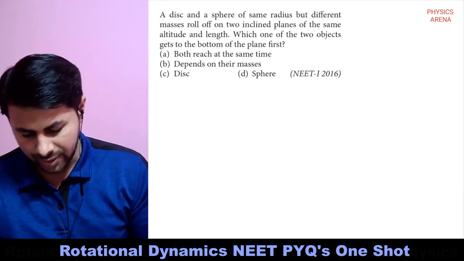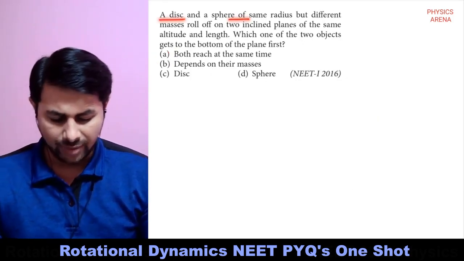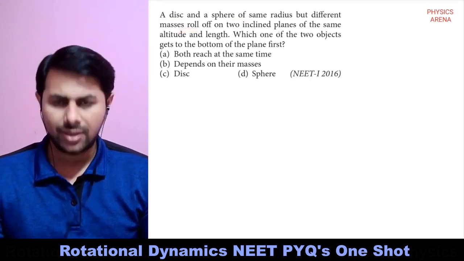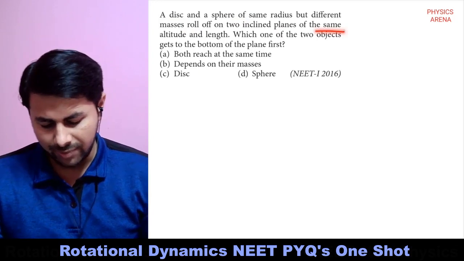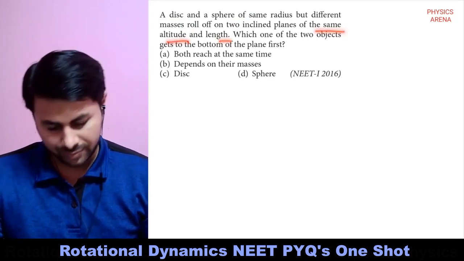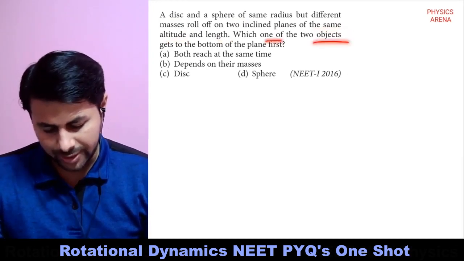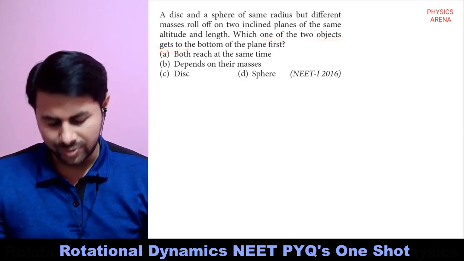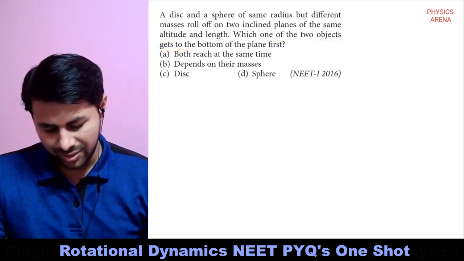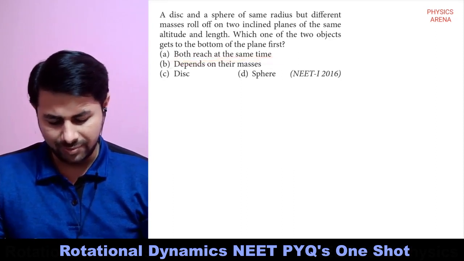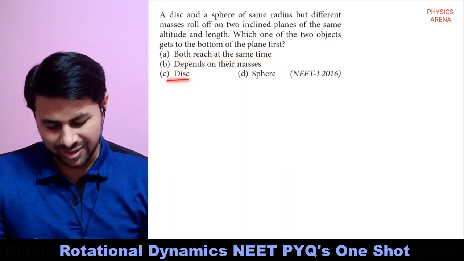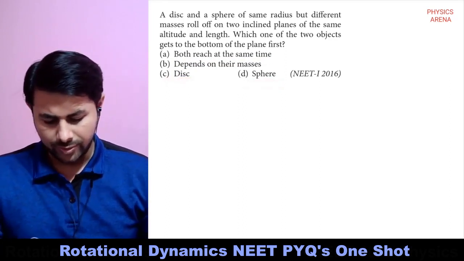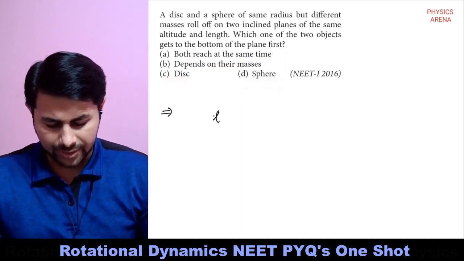right? A disk and a sphere of same radius but different masses roll down on two inclined planes of the same altitude and length. Which one of the two objects gets to the bottom of the plane first? Okay, so this is a repeated question. Both reach at the same time, or depends on their masses, disk or the sphere. Which one? Right. So we know the time taken is equal to what?